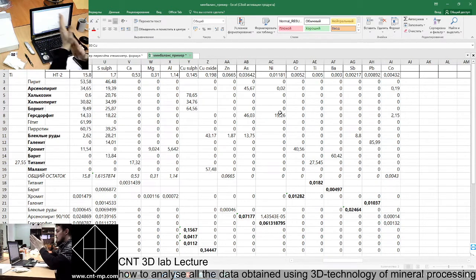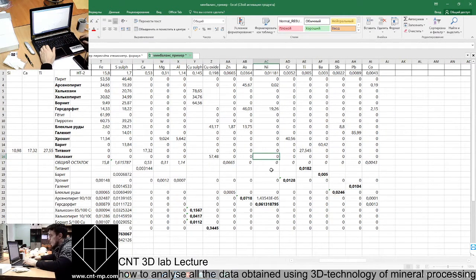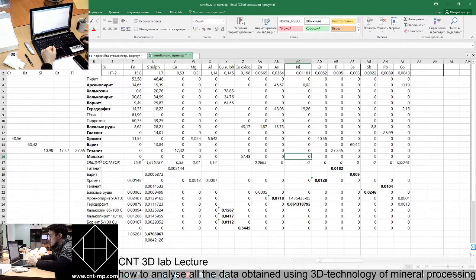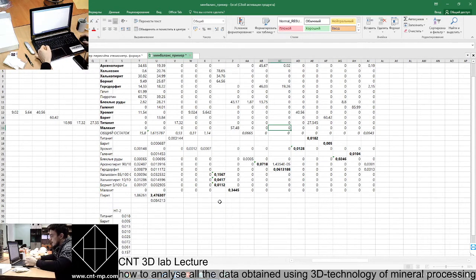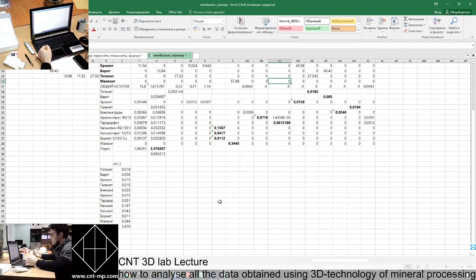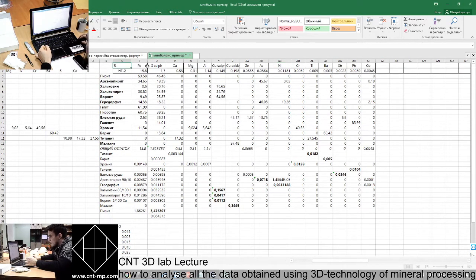I am often asked, why are mineral balances so important? My standard answer is that if you want to know what object you are dealing with, or what type of ore you are dealing with, you have to analyze not only the chemical composition, but also the real mineral distribution.